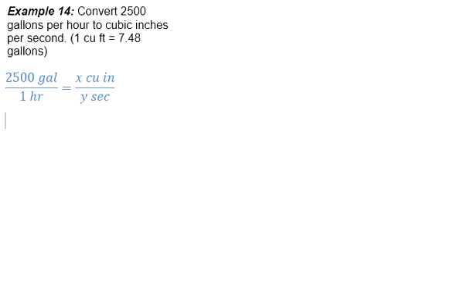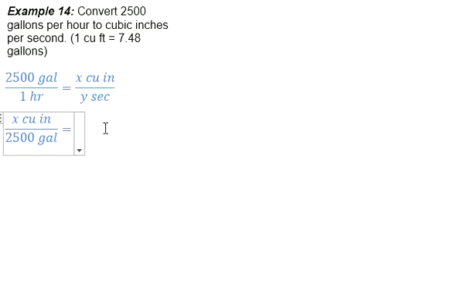Okay, so looking at just the numerator, I have that x cubic inches, it's a fraction, for 2,500 gallons, and they tell us the number of cubic feet per gallon. So we actually can't go this directly.